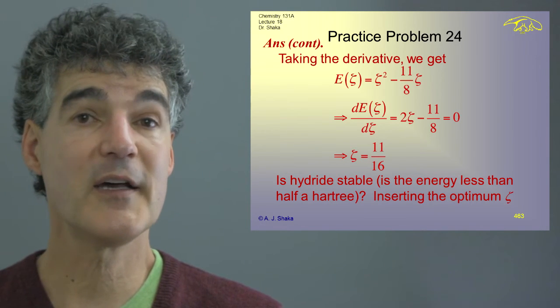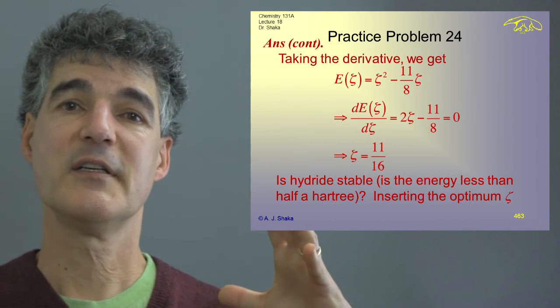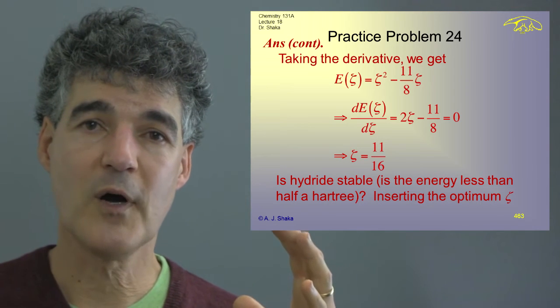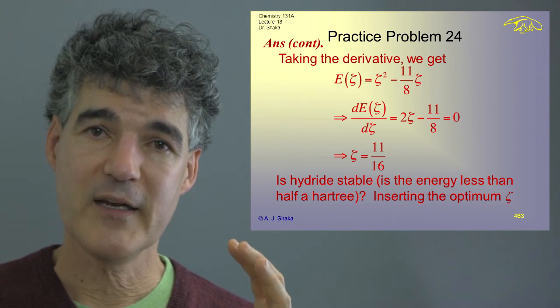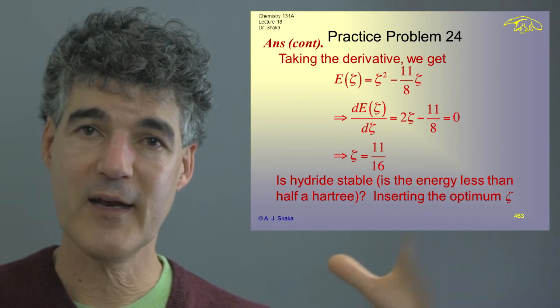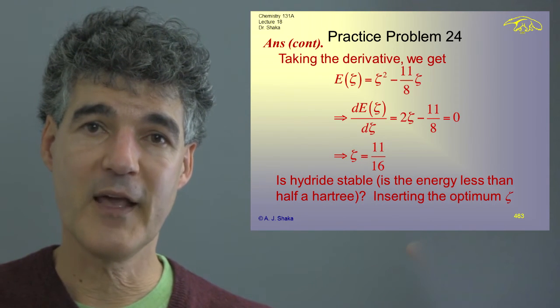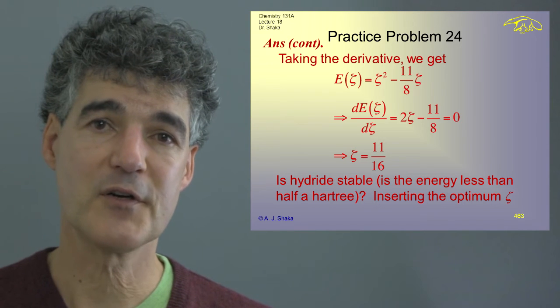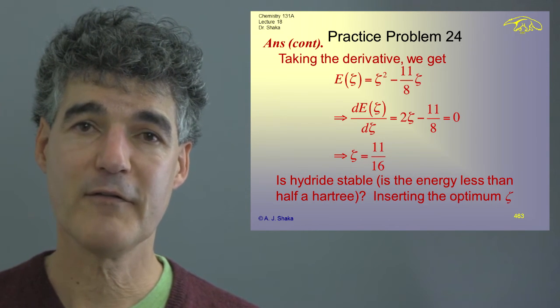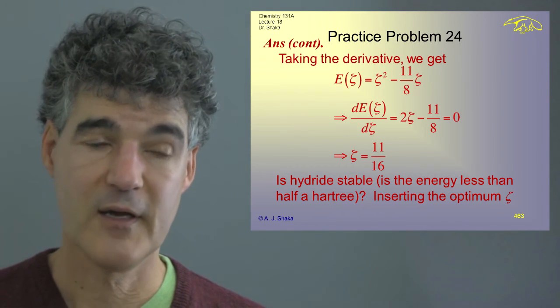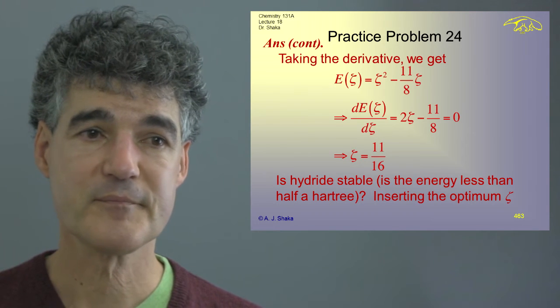And the answer is yes, because 16/16 was 1, and what we did is we puffed it out. We let it go out quite a bit more. And that lowered the energy because of the repulsion term going away faster than the attraction terms did.